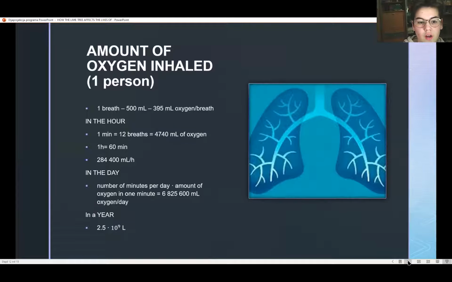In 1 hour, that will be 284,400 milliliters. In 1 day, that will be 6,825,600 milliliters of oxygen, and in 1 year that will be 2.10 times 10 to the 9 liters of oxygen.